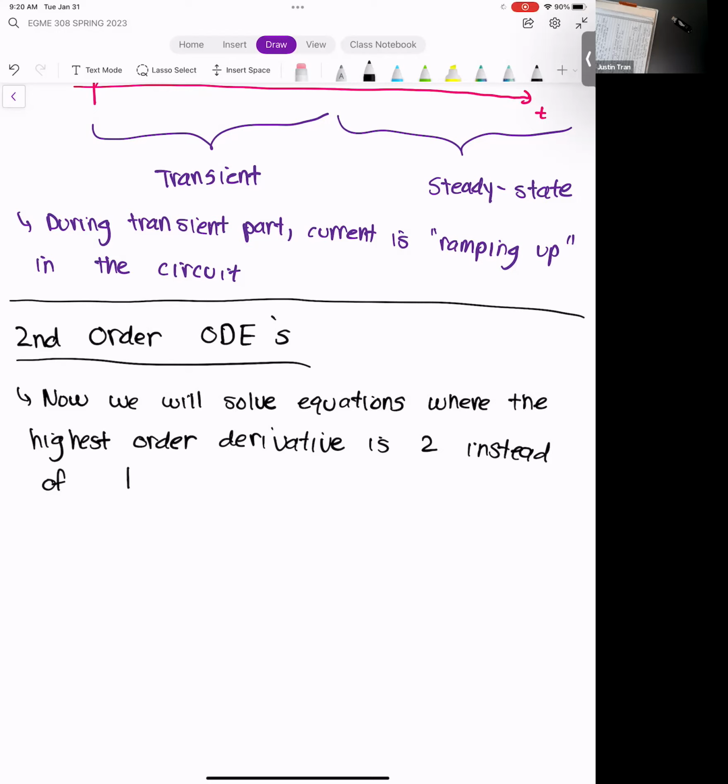So we're going to have second order derivatives in our equations now.